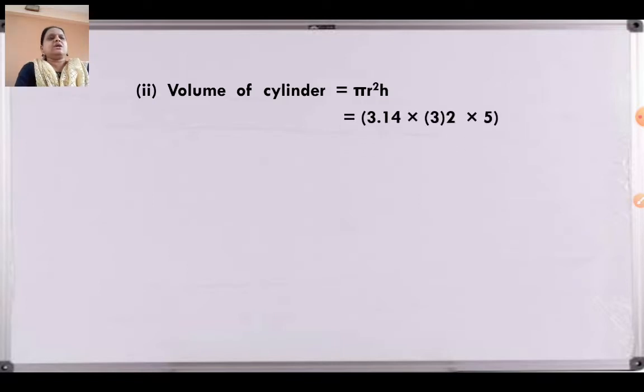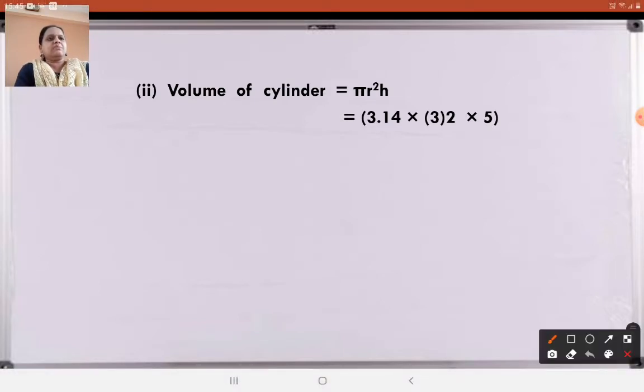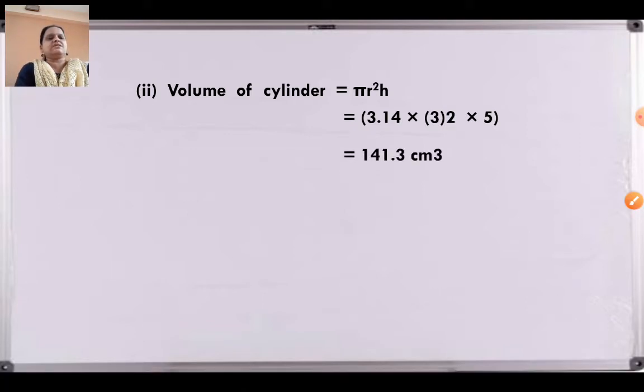Substitute the values: 3.14 into 3, where 3 is the radius and it is not multiplied by 2; actually it should be 3 square. The 2 should come over here. 3 square into h. When you calculate, you will get the final answer as 141.3 centimeter cube.